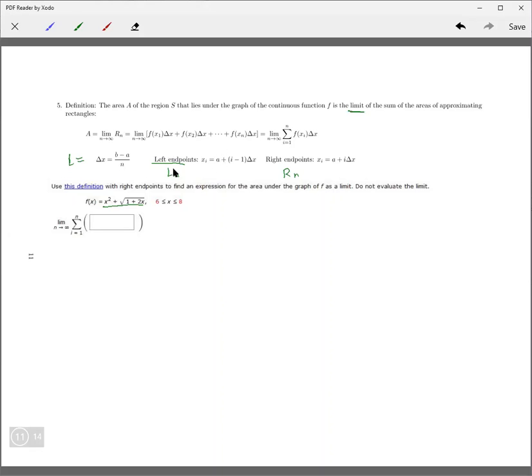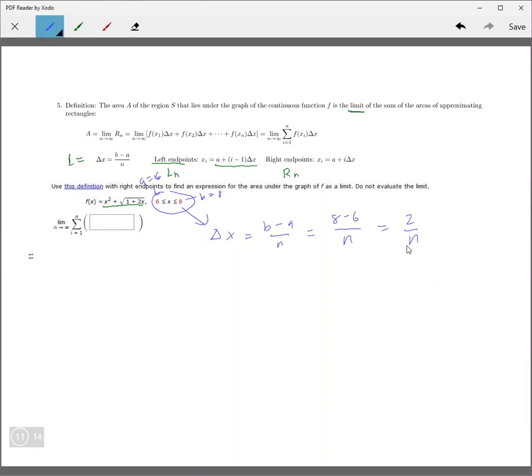So for the left endpoints, here's how you calculate them. Here we have a specific example. The first thing that you want to do is take the interval and calculate delta x. That's b minus a over n. Now, b is 8, a is 6, so that's going to be 8 minus 6 over n, or 2 over n.